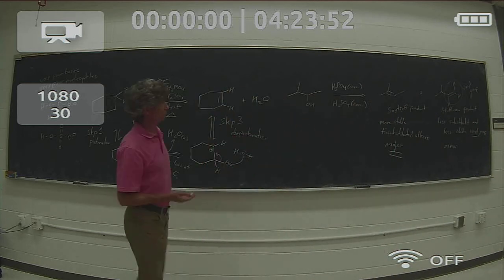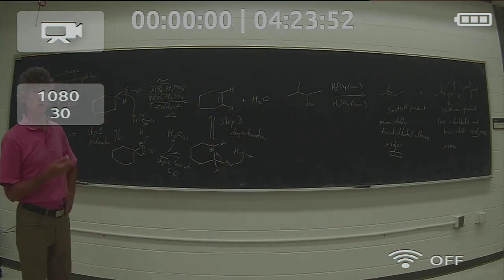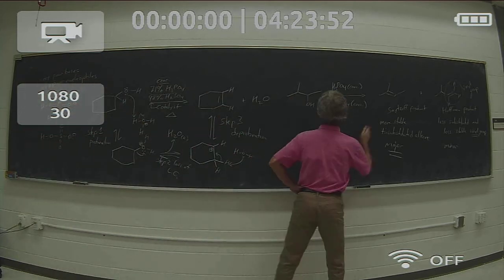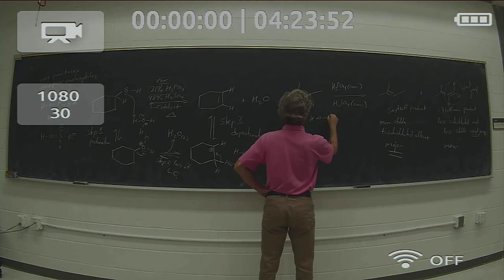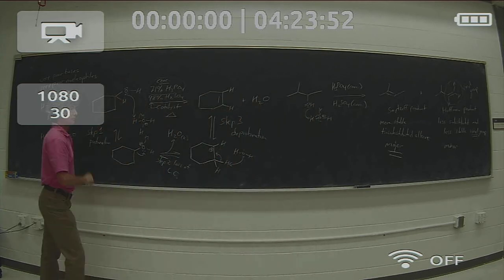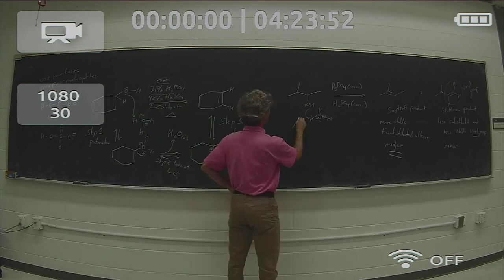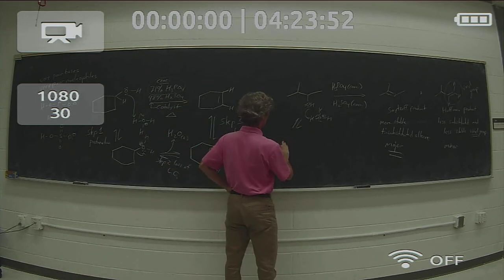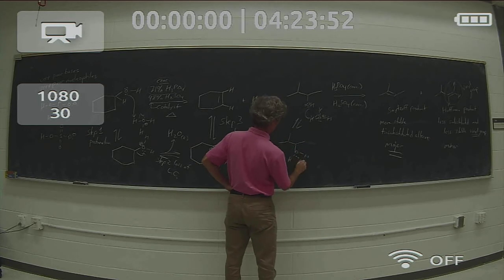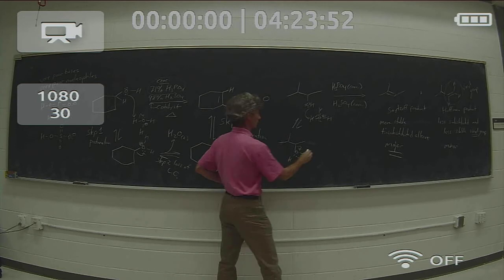There's actually 2 different potential mechanisms that you could propose to generate this Zaitsev product. One of them is directly analogous to what we've seen over here. The first step would be coordination. The second step would be loss of water.